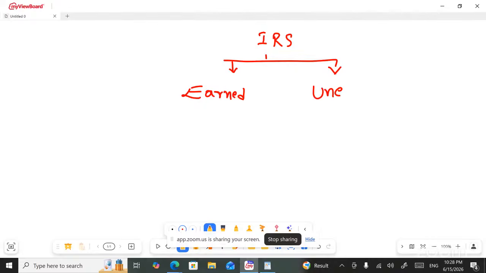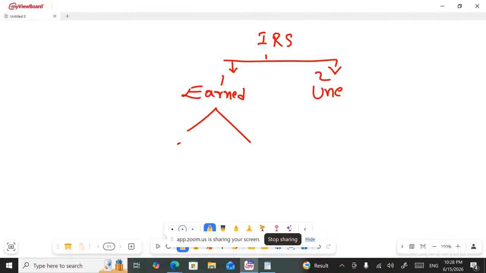according to IRS, all incomes are divided into two types. One is earned incomes. Second one is unearned incomes. This is a broad concept. All incomes of any taxpayer according to IRS are of two types. One is earned income, second one is unearned income. Earned income is further divided into two types.